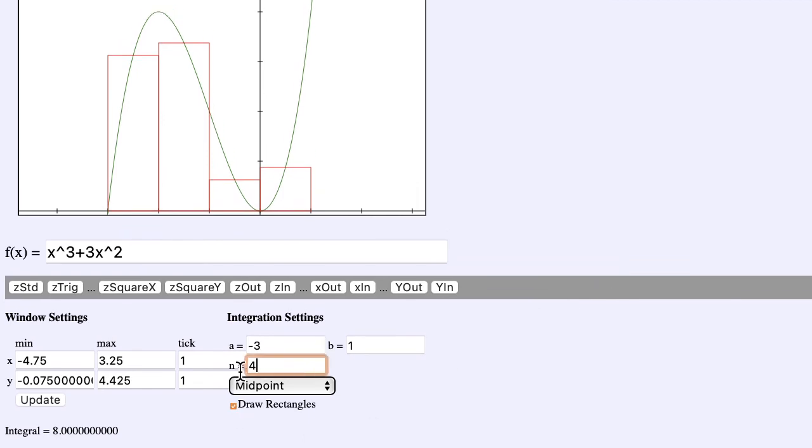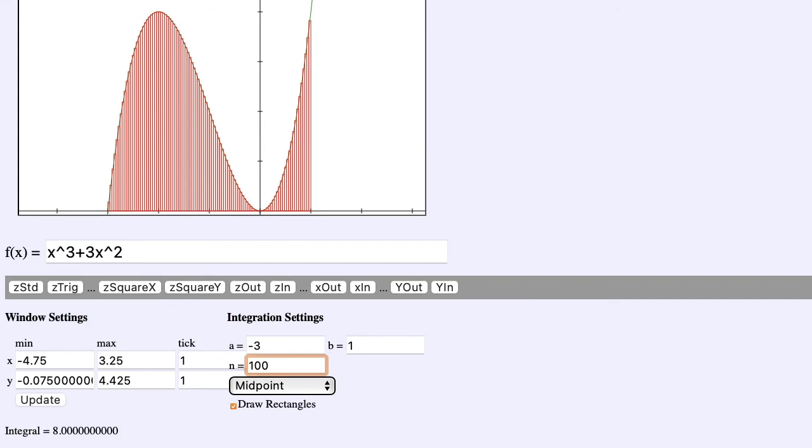If I change this from 4 to 8, it should give us a better approximation, but it still just says 8. It turns out all these are just giving us 8. I guess that's the exact answer. But in general, as n goes up, you get better and better approximations.